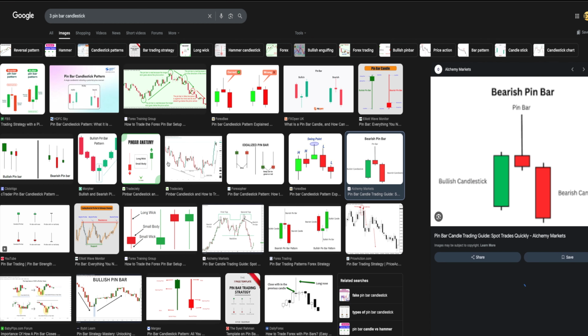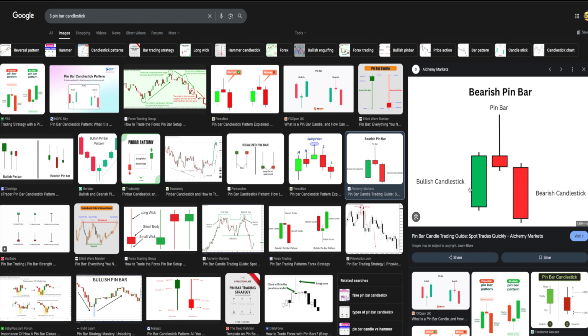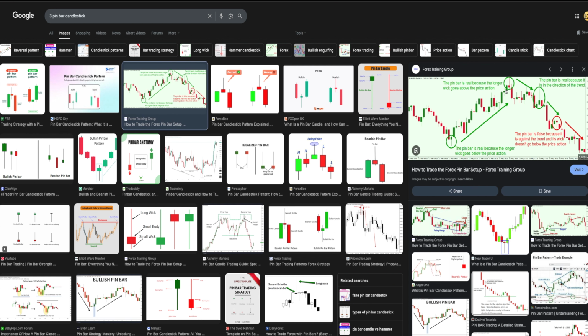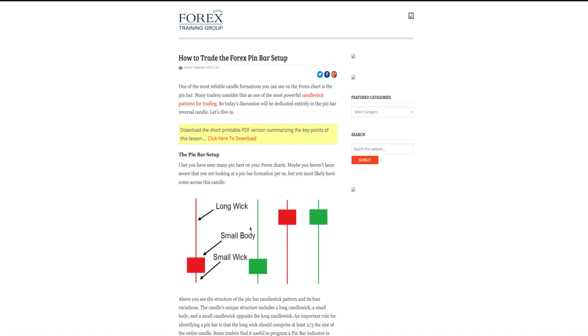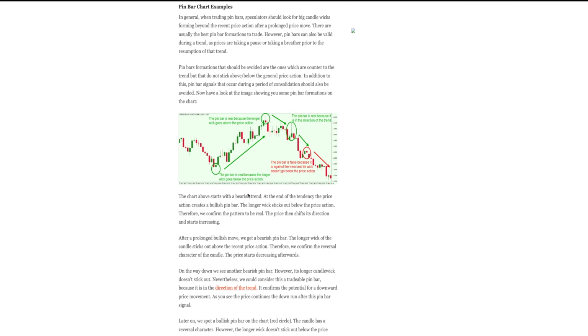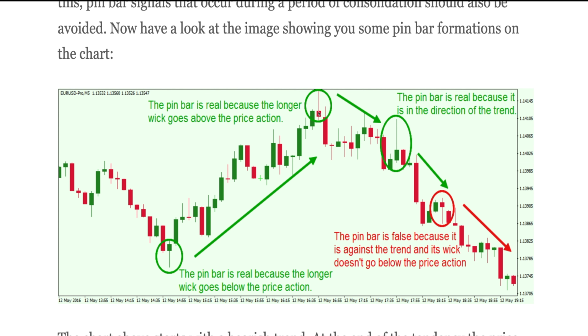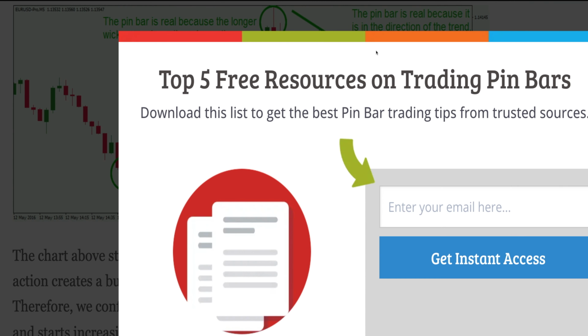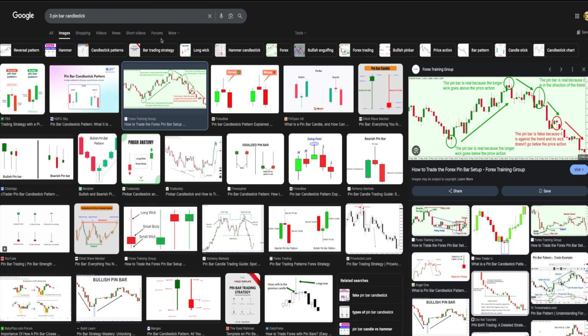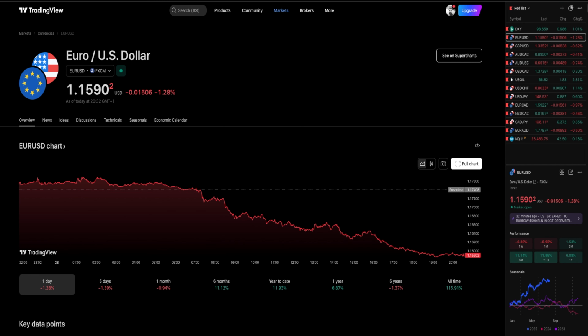Something like this, yeah, there it is. So, 3 pin. 1, 2, 3. There you go. Let's open this up. 3 pin. 1, 2, 3. Anything with the wicks and stuff, that's what we're going to look for.